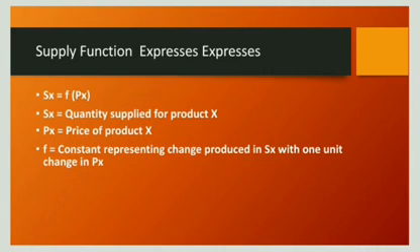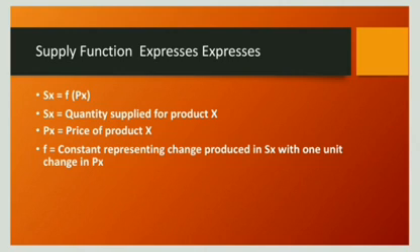So supply function is expressed as quantity supplied of product X is equal to a constant representing the change produced in the supply of 1 unit by a change in price of the same commodity. It shows you the fluctuation that occurs due to price change.